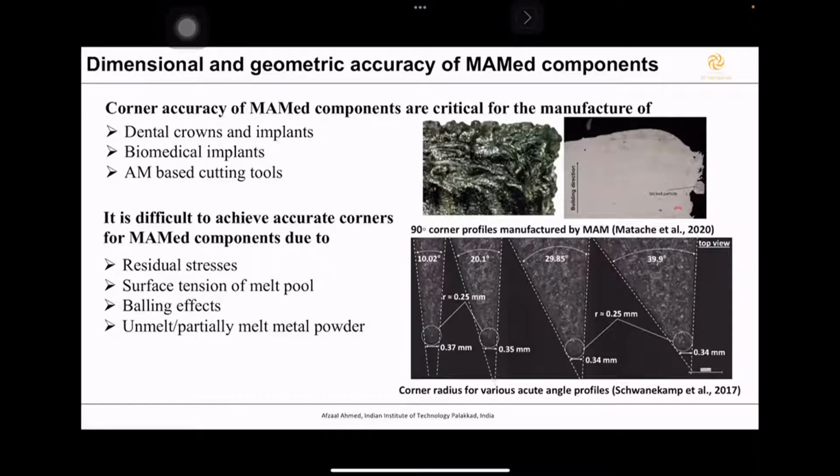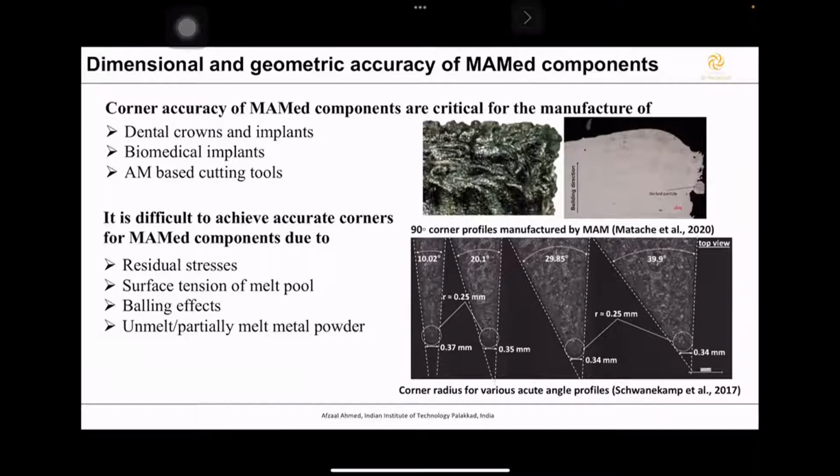Wherever there is solidification involved, you can always think of shrinkage. So the final component will be a shrunk version of the CAD model, first thing. Secondly, we are doing this layer by layer, so there is something called layer shrinkage also. Layer shrinkage will also play an important role in the final dimension of the component.